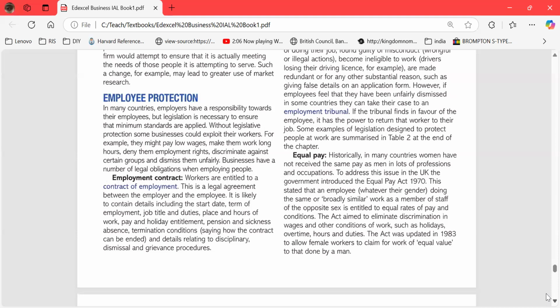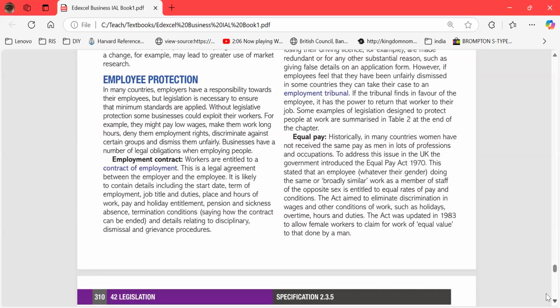If a company fires an employee because of this reason, the company will face serious consequences in terms of penalty and other punishment as well. Then we have equal pay. It has to be there. In some countries, there are cases where men are provided more salary than women. This is also prohibited according to the Equal Pay Act 1970.